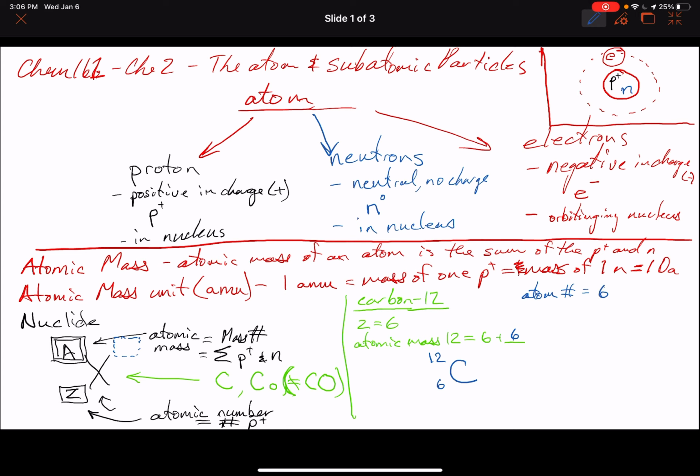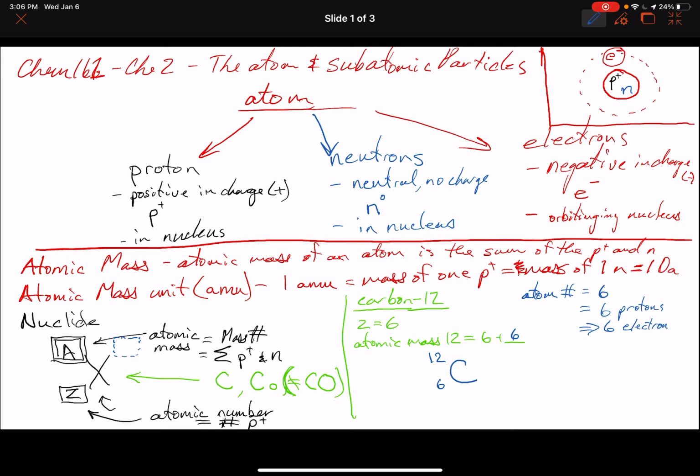This means that there are 6 protons in the nucleus. Because there's no overall charge, we also know that there are 6 electrons to make the overall structure neutral in charge. So 6 times the positive 1 would be 6 plus, and we neutralize all that with the 6 single charged electrons that are also present. We end up with an overall charge of 0 there.